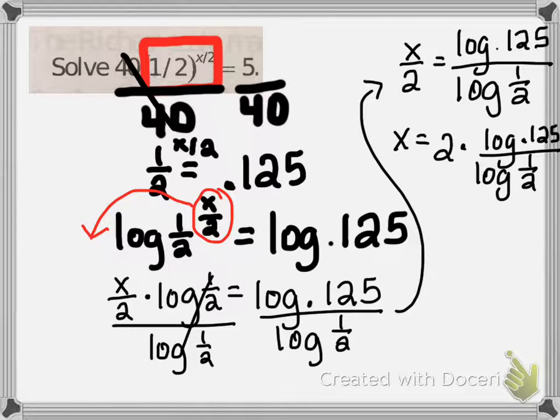I'm going to do 2 times, and then alpha y equals, and then I'm going to type the log of 0.125, and in the denominator, the log of 1/2, and I got x equals 6. And of course, you always want to plug back in and make sure that it works correctly, especially when you start getting negative pieces. Negative pieces can come out to be extraneous roots that don't actually work.